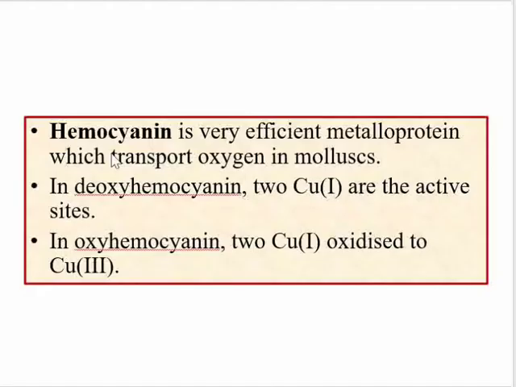Now if we see hemocyanin, it is a very efficient metalloprotein which transports oxygen in the mollusks. In deoxyhemocyanin, 2 coppers are in the +1 state, and in oxyhemocyanin, the 2 coppers are oxidized to the copper(II) form.